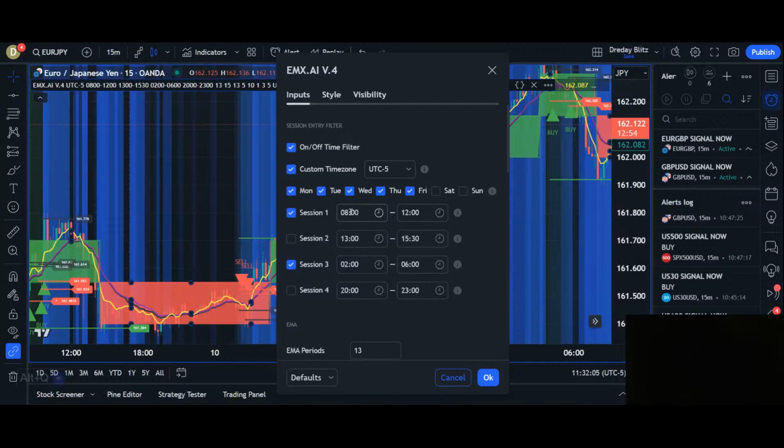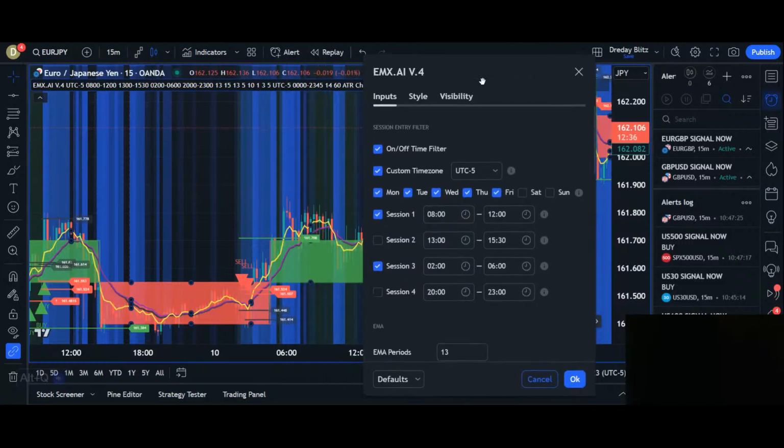And I have the London session from 2 a.m. until 6 a.m. So I would have to remove the New York session and add the Asian session.